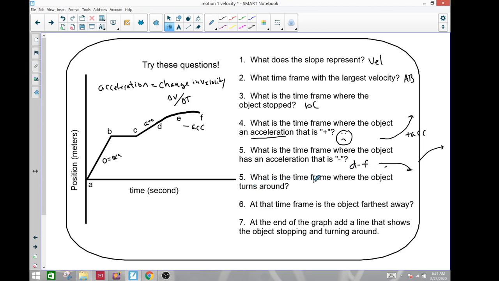What is the time frame where the object turns around? Keep in mind, this is Hortonville, this is New London. In order to turn around, we need to go from a positive velocity to a negative velocity.